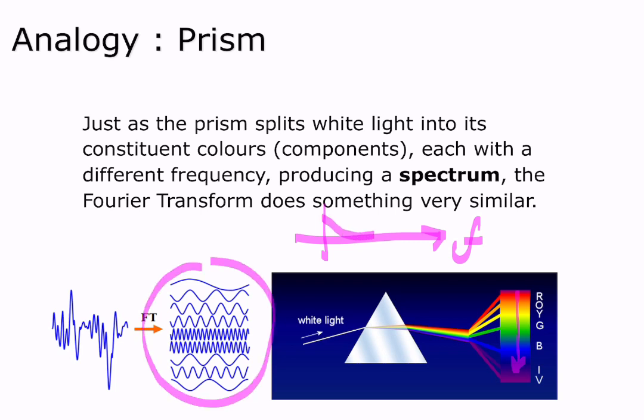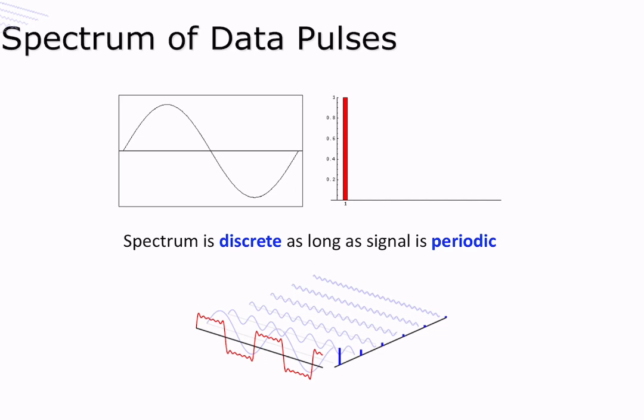So this is a continuous variation of frequency. That's all I'm trying to say here. And again, this is all just trying to visualize for you, or to prepare you for what's to come.